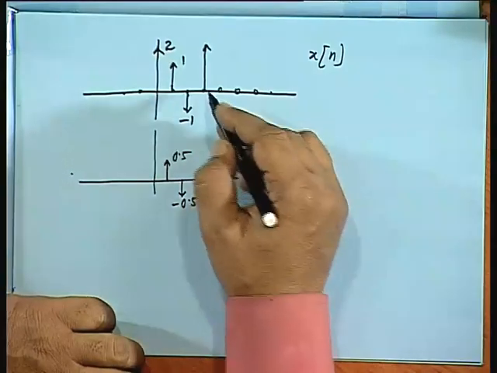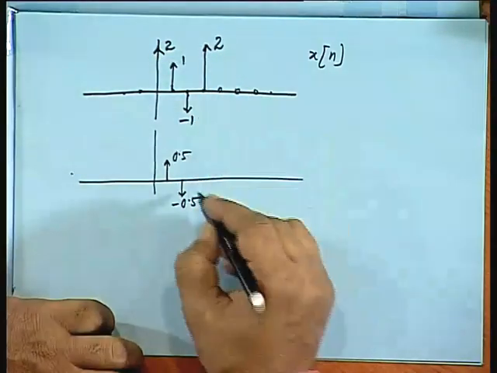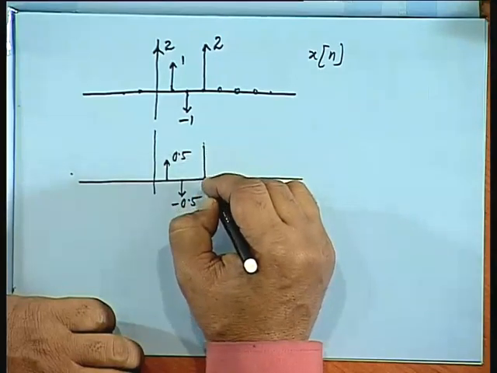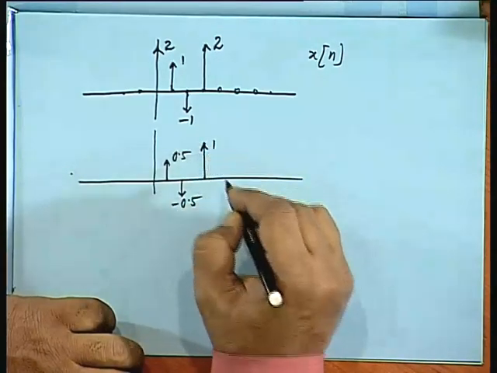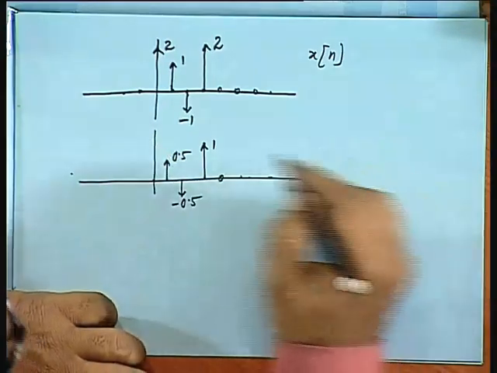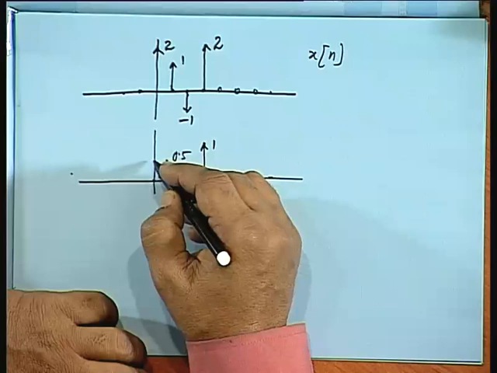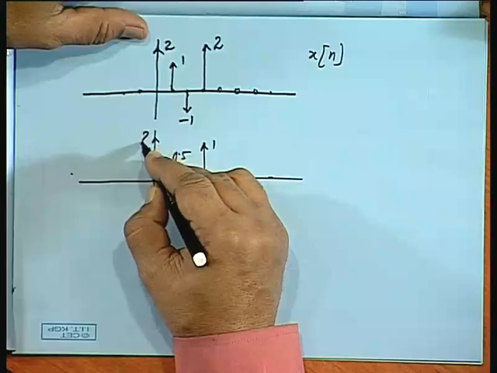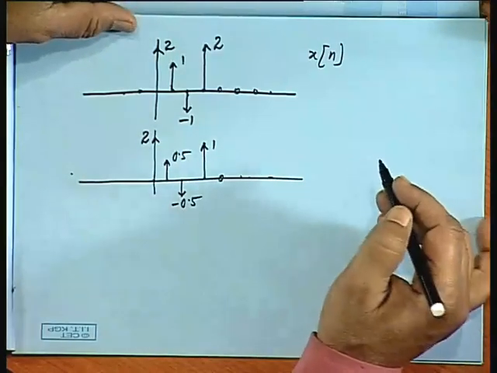And then this one was also 2, so this one also will be 1. Rest are all 0. What about the central value? Should it be 1 or 2? Yes, 2, because there is nothing like plus 0 and minus 0.